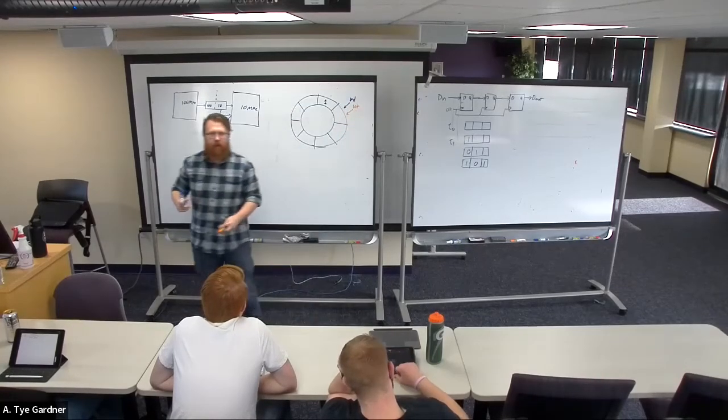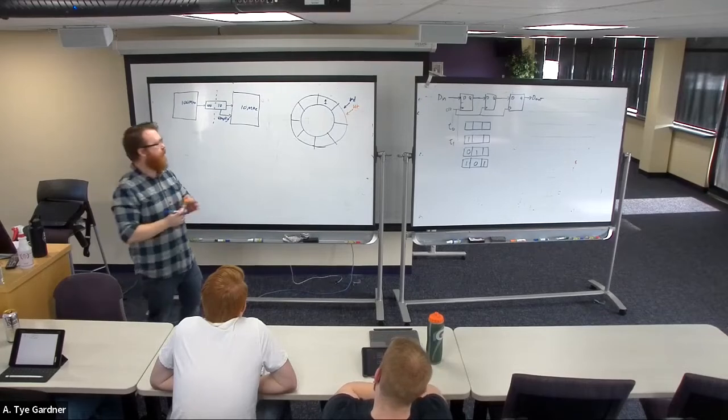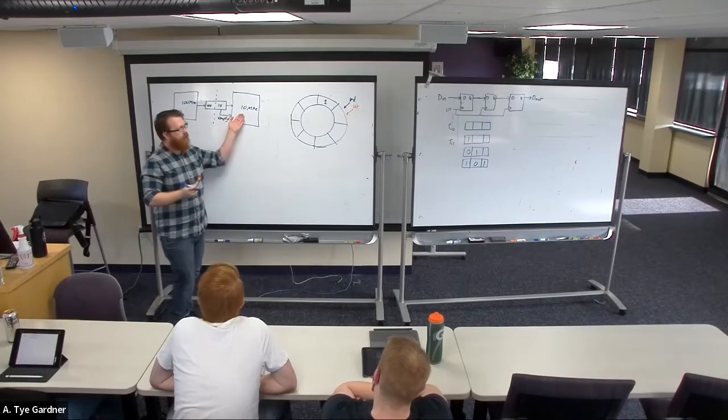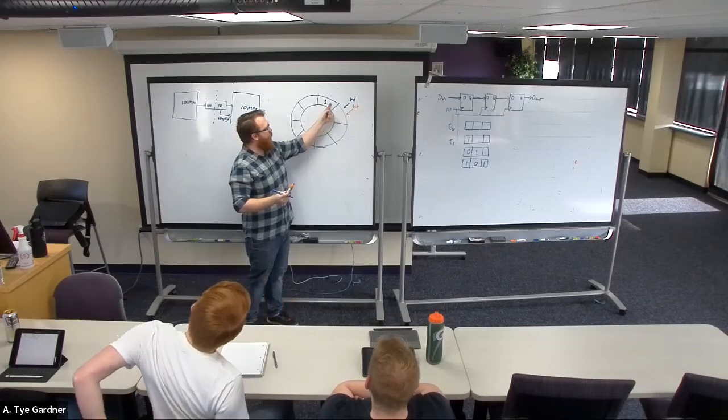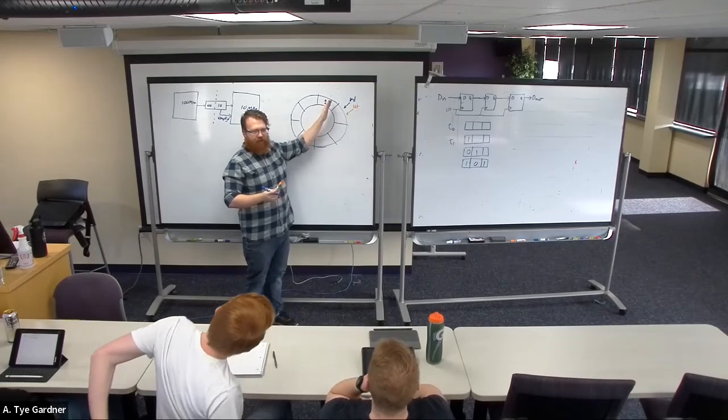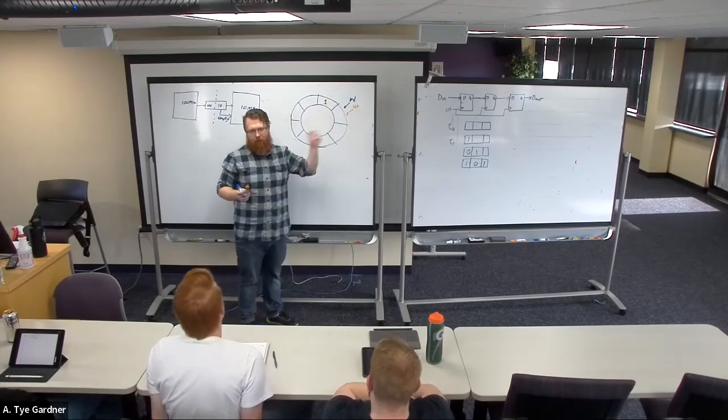Now it's empty. The reason the empty signal is important is because if the device that wants to read sends a read request and it's empty, then it will go the wrong direction, and it will now look full.